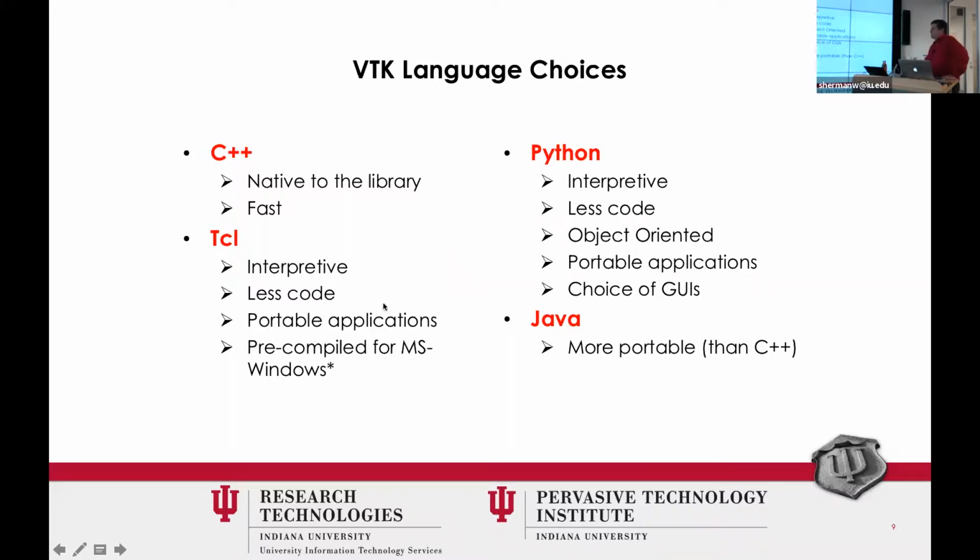It's only when you start doing mathematical operations in your program rather than just using the pre-built stuff, it's all coded in C++. And then Java was introduced. I think the Java interface is certainly less popular than the C++ one, but it tends to be a little bit more portable.